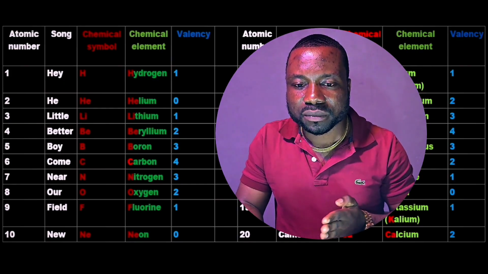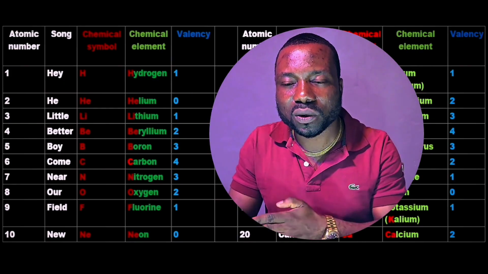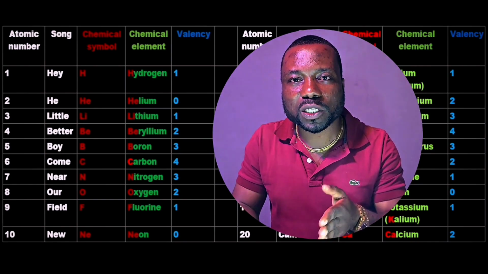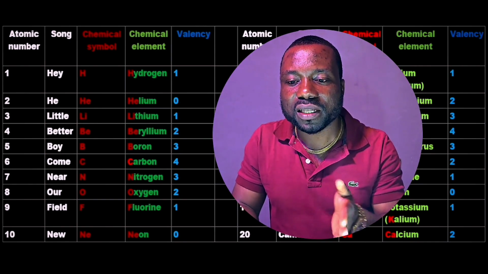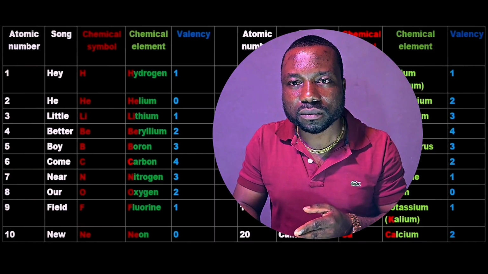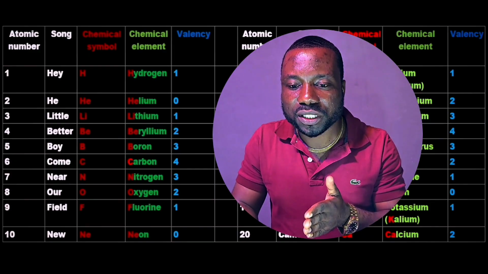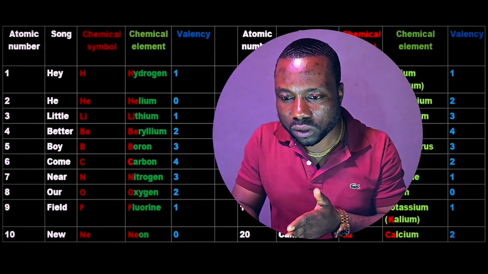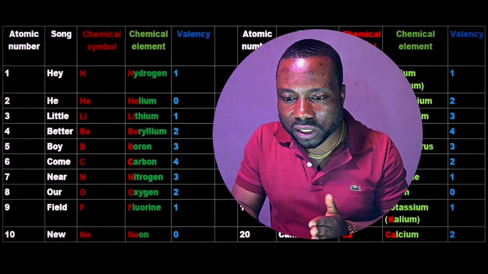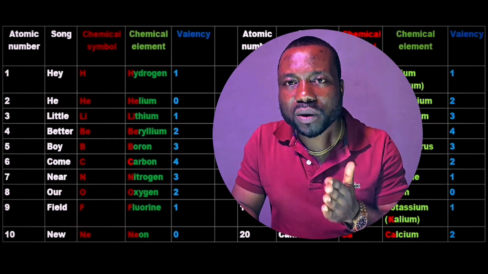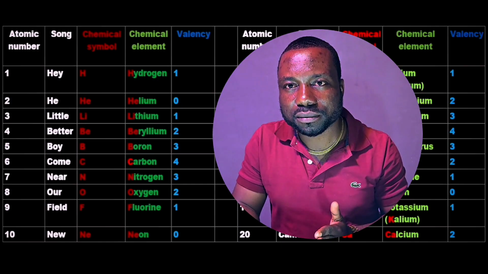Now, after singing the song in that order, you'll be able to know the corresponding valencies of the different elements. For example, if you sing the song and you reach at nation, nation is number 11. How then do you know the valency?